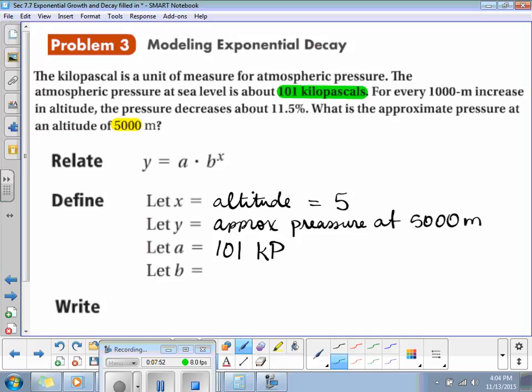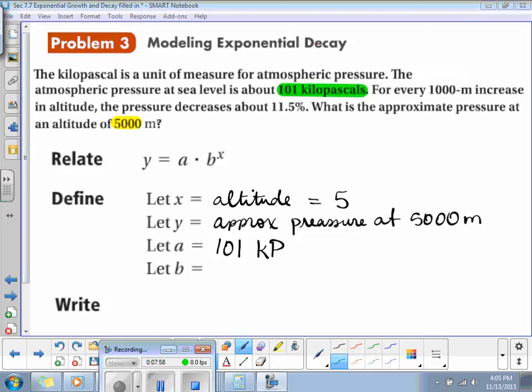And of course, B is going to be our decay factor. And so remember, the decay factor is 1 minus the rate of change. So the decay factor is going to be 1 minus 11.5% written as a decimal.